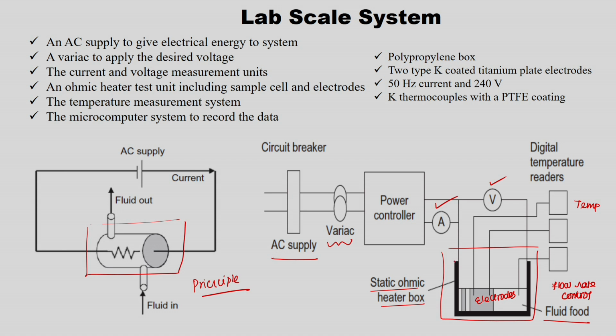This is insulated completely using a polypropylene box, and two type K coated titanium plate electrodes are used. The frequency applied is 50 hertz and 240 volts, and a K type thermocouple with PTFE coating is used to measure the temperature within the cell, which is nothing but an ohmic cell.